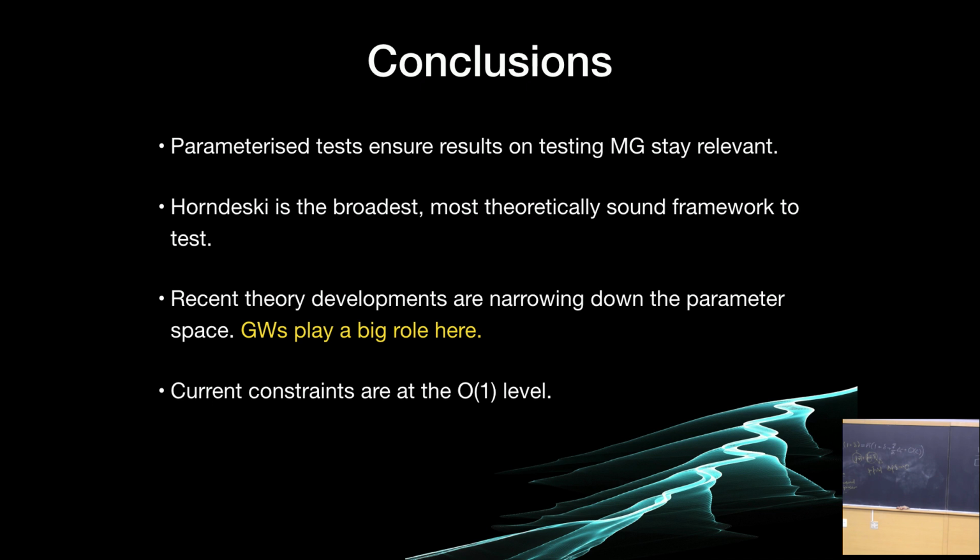You can show that if there was a modification to gravity of the kinds I've spoken about here, it would affect the luminosity distance of your gravitational waves, but it would not affect the luminosity distance of an electromagnetic counterpart, such as a host galaxy or whatever.